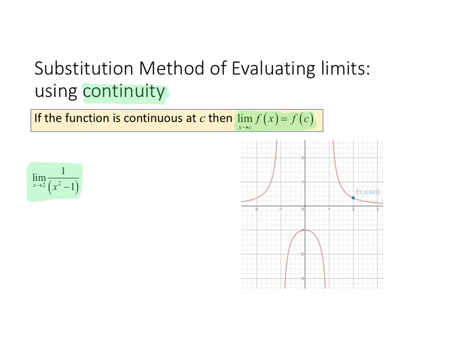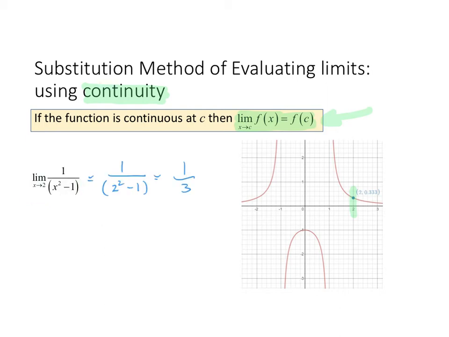Meaning, we know this is continuous, so that means it must be that the limit of the function as x goes to some c, let's call it 2, we know that that has to be the function value. So we now have a way to calculate a limit.